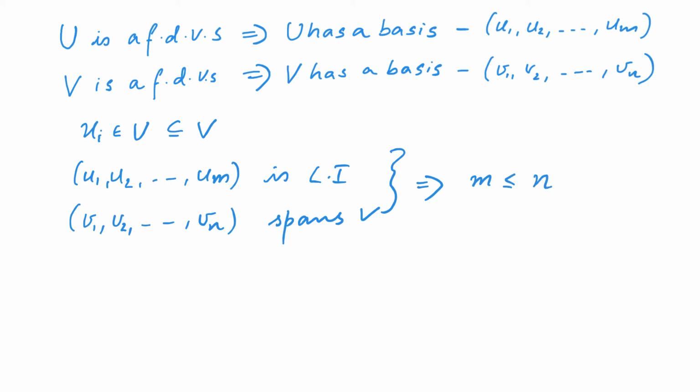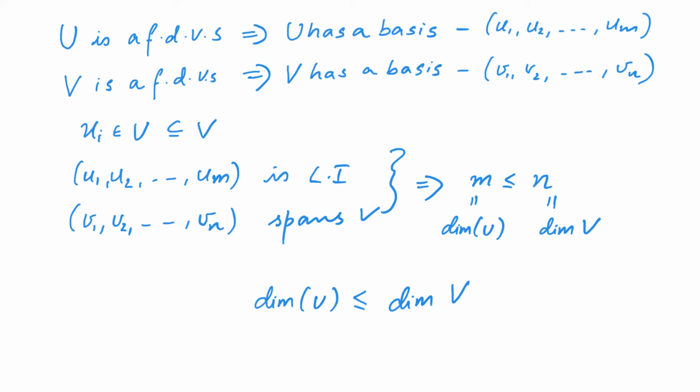But m is the dimension of U and n is the dimension of V. Therefore, we have proved that the dimension of U is less than or equal to the dimension of V. And that completes the proof.